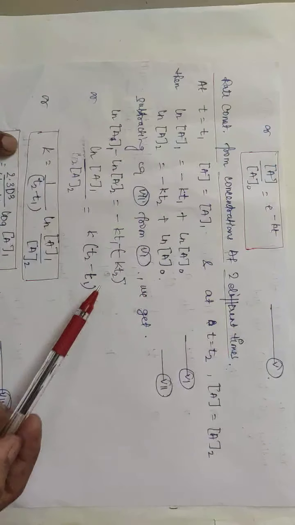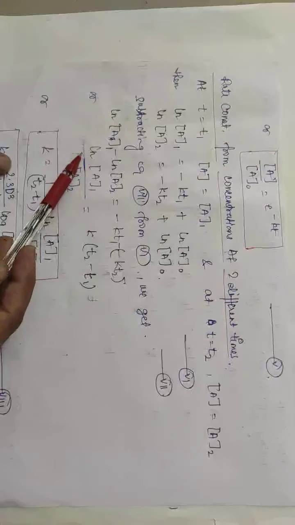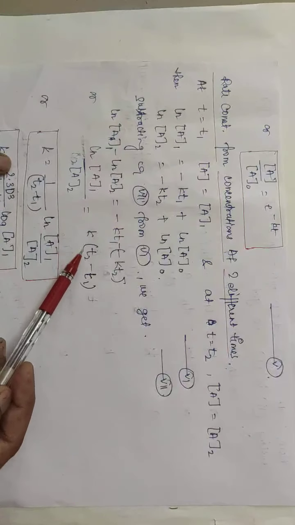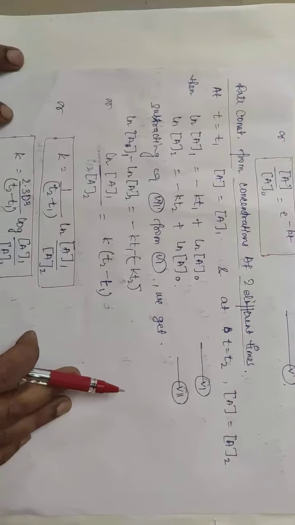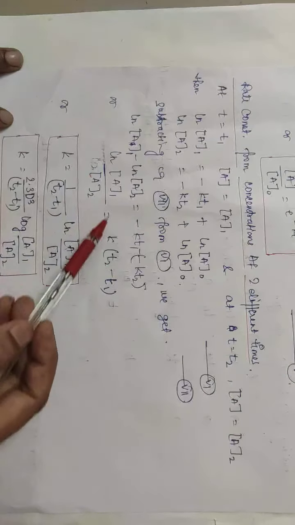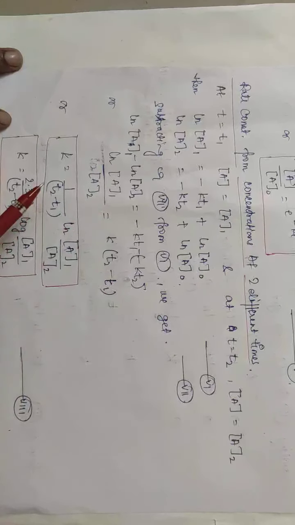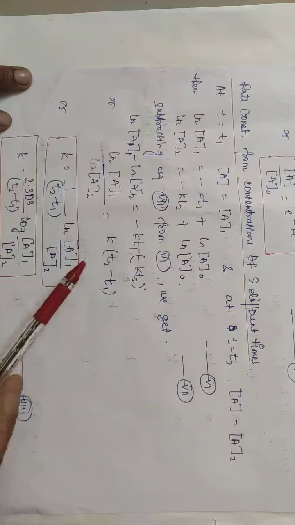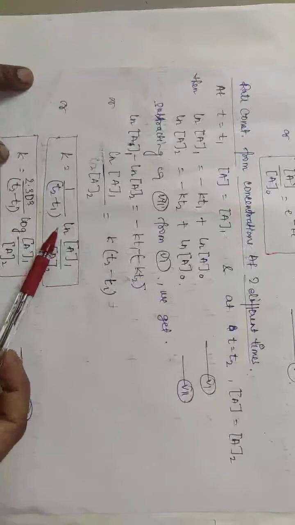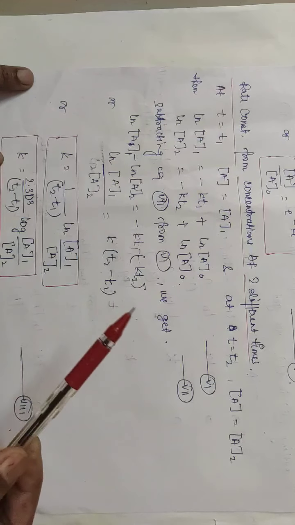Rearranging this again, we will have ln a1 upon a2 is equal to k times (t2 minus t1). To get the rate constant, we will transfer t2 minus t1 to this side and we get k equal to 1 upon (t2 minus t1) ln a1 upon a2, and converting ln to log base 10, we have to multiply by 2.303 in this equation.